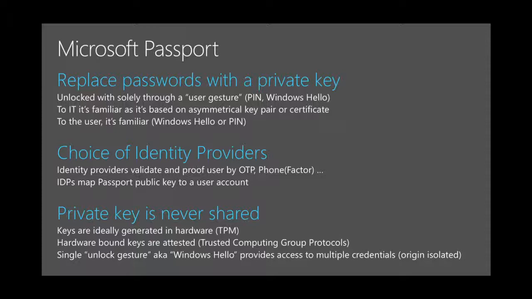We're going to replace passwords with a key pair. I'm going to add to that immediately: you can also use certificates if you are already using certificates for authentication. But basically, if you do an MSA, that's not a certificate, we do a key pair.